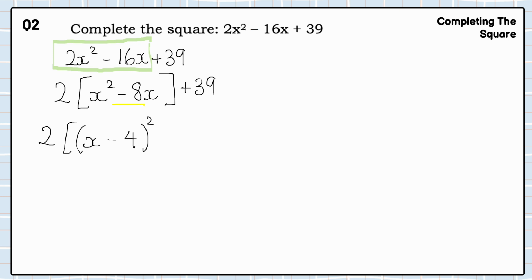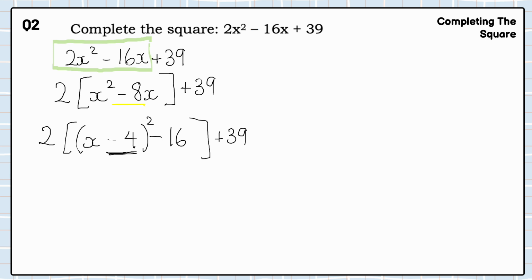And then the number that's going to be in here is always going to be the square of our -4, which is 16, and we always subtract the square of that, and then plus 39, like so.